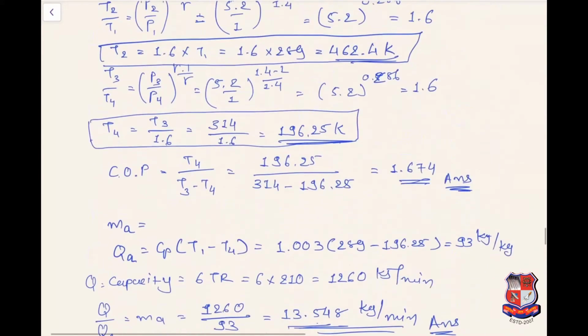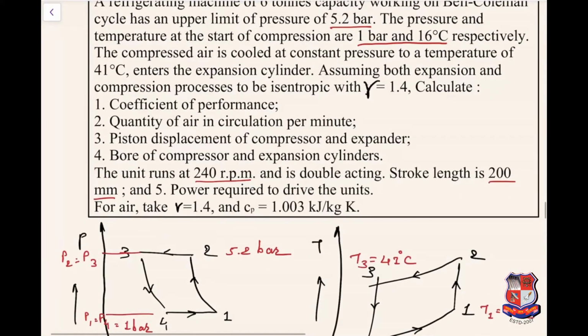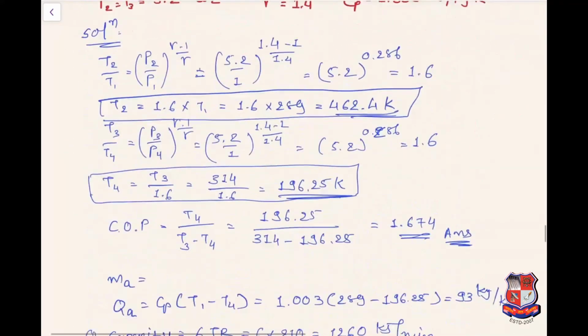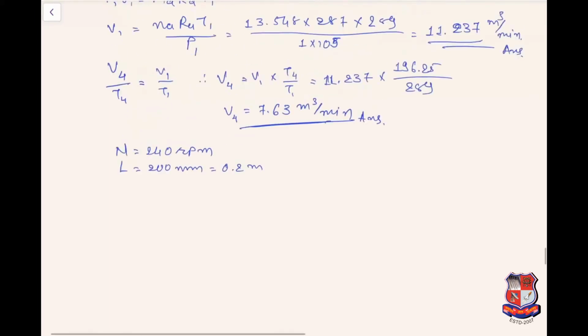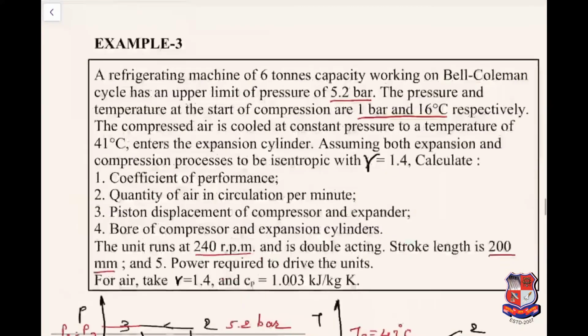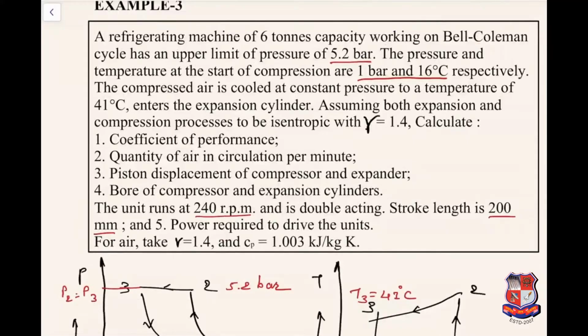Now next we need to find out the bore of the compressor and expansion cylinder. For that we have N, that is given as 240 rpm, and L, that is given as 200 mm, or we can say 0.2 meter. Here in the problem it is already given, that is 240 rpm and 200 mm.